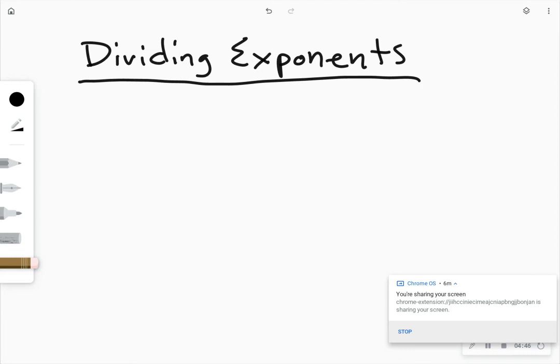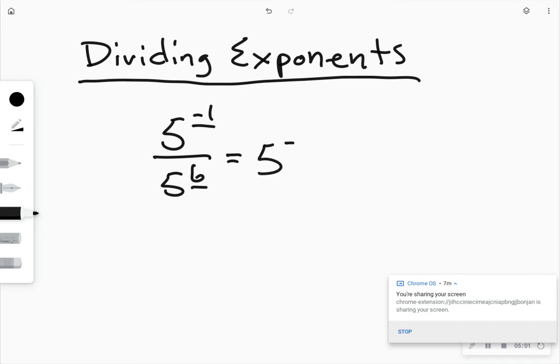Let's try this. Let's say we had 5 to the negative 1 over 5 to the sixth. Well, again, we are subtracting the exponents. So again, I'm going to take 5 to the negative 1, and I'm going to subtract 6. And what does that give me?